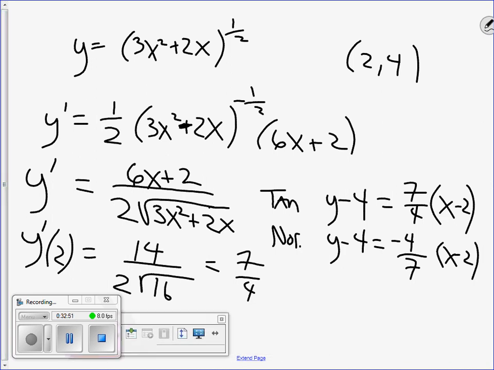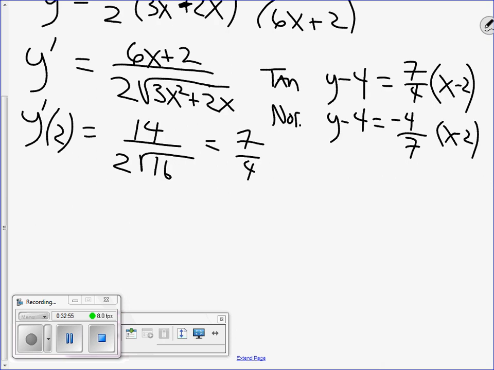So we can multiply both sides of the equation by 7, right? We have 7y minus 28 equals negative 4 times x minus 2. Well, you can distribute when they're over addition or subtraction, but not over multiplication.